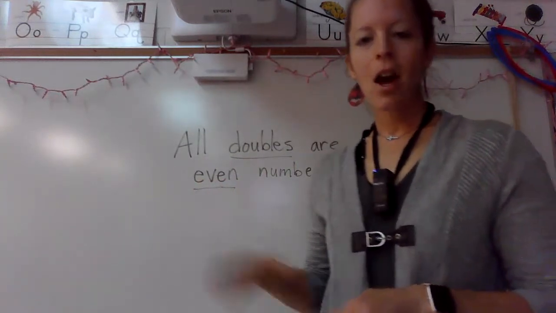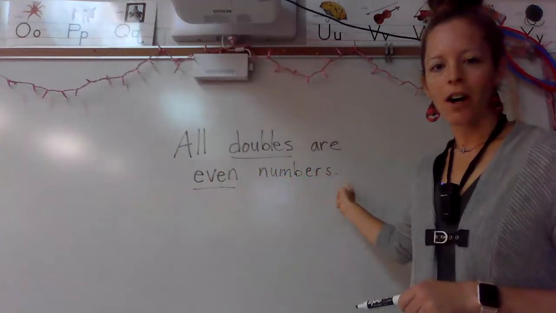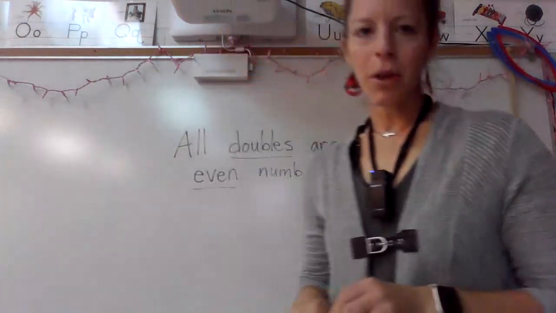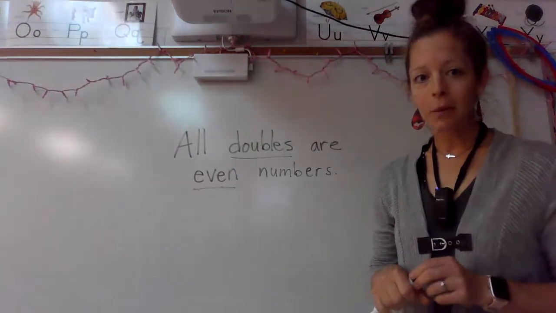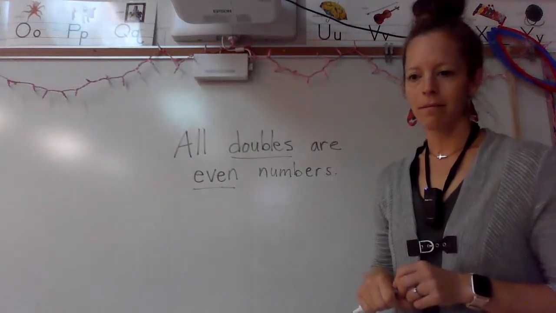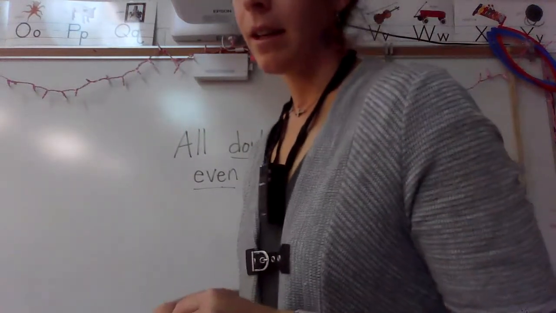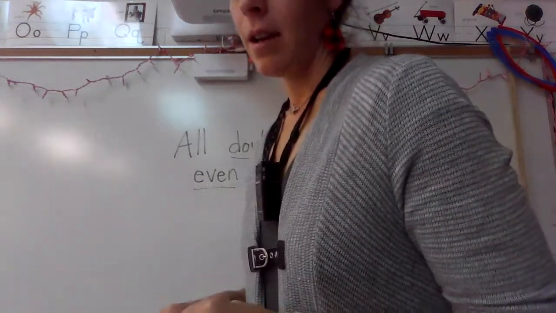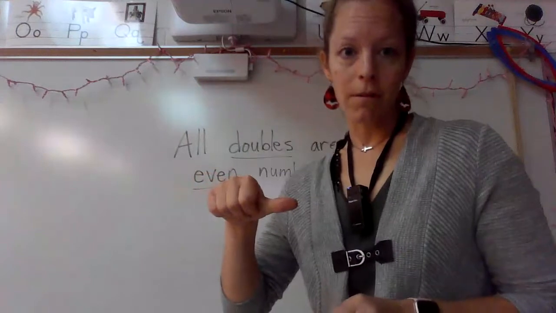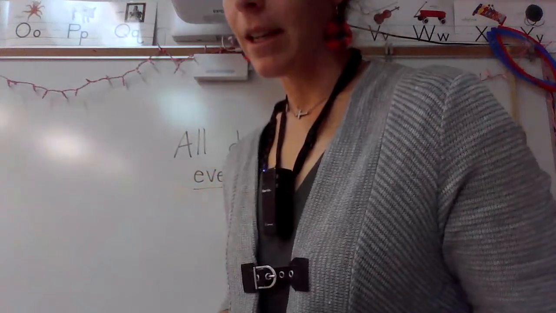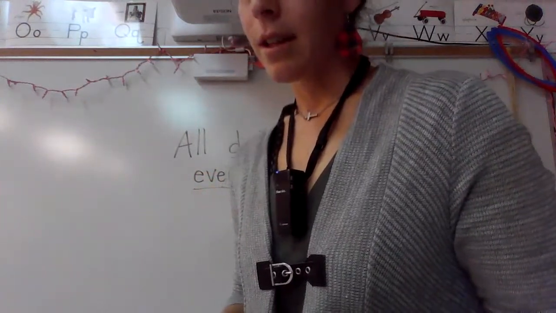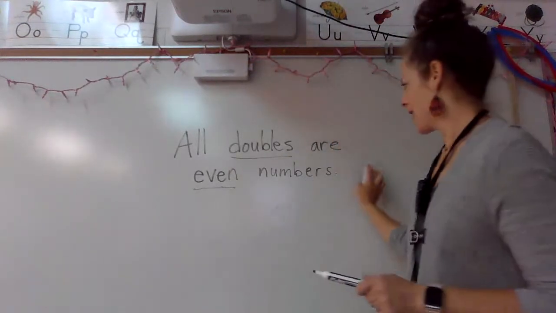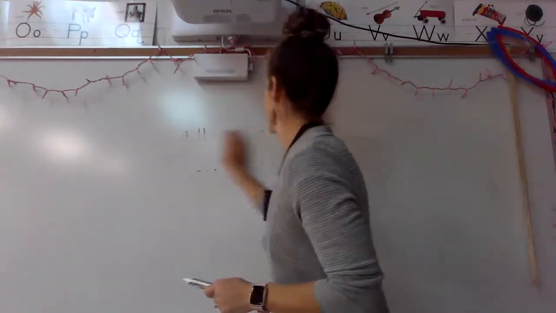Say that. All doubles are even numbers. Put your thumb up if you agree with this statement, and put it down if you disagree, and sideways if you're not sure. Okay, I'm going to move on, but we're going to come back to that statement in just a minute.